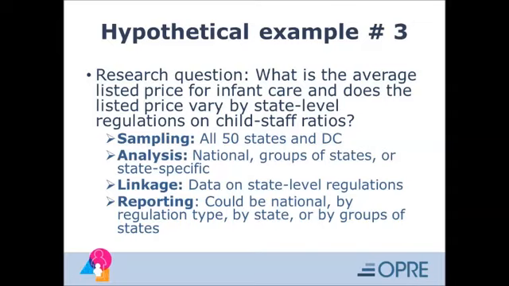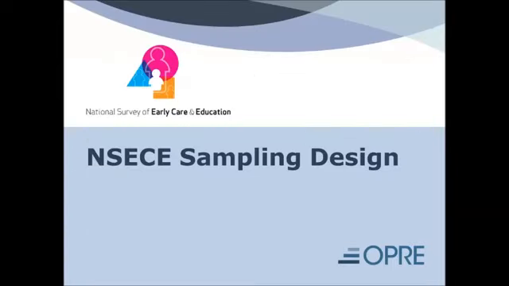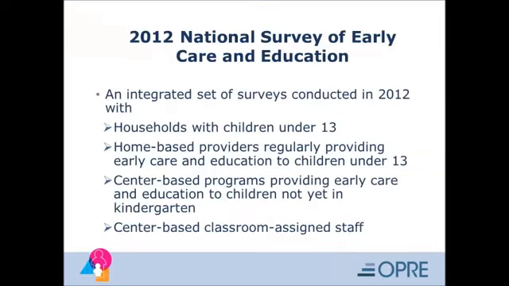report my analyses. Just briefly, the sample design, the 2012 NSECE included 4 questionnaires. Many of you probably already know all of this. There was a household survey with children under age 13, home-based provider survey of providers regularly providing early care and education to children under 13, center-based providers serving children not yet in kindergarten, and classroom-assigned staff in those centers.